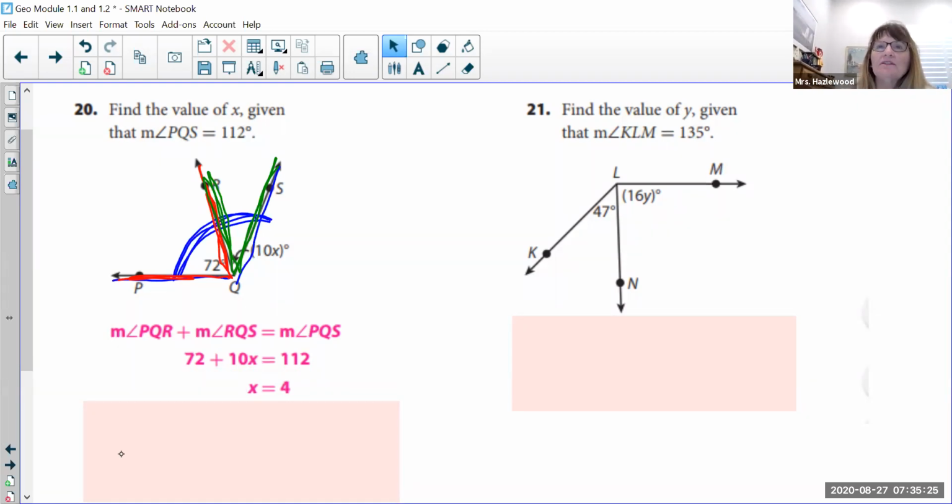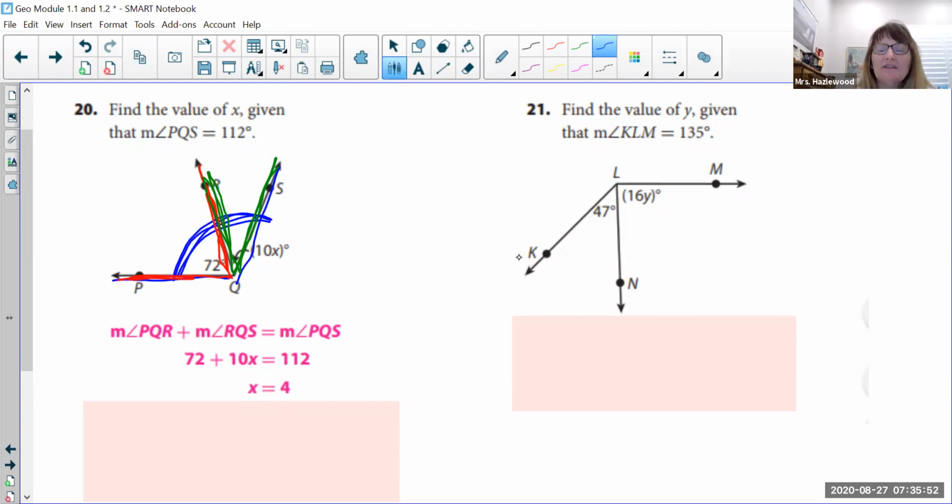All right, so let's look at 21. It says find the value of y, given that KLM is 135 degrees. Again, KLM is the total angle.